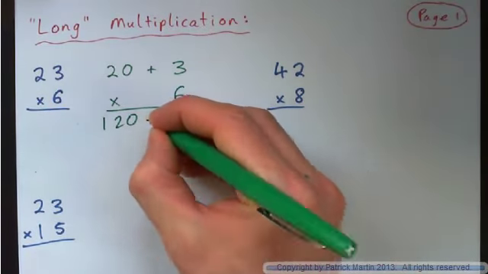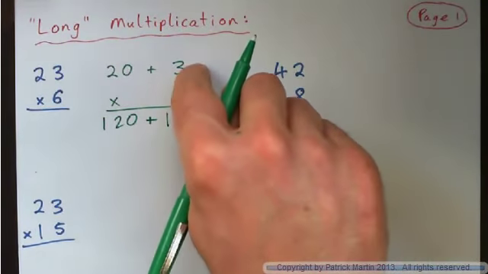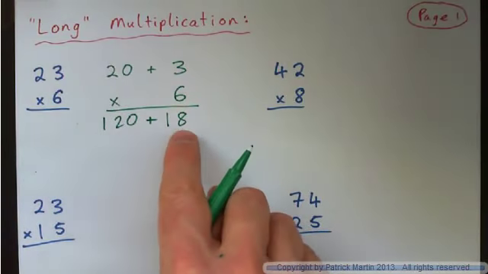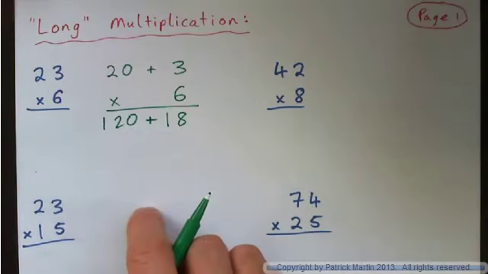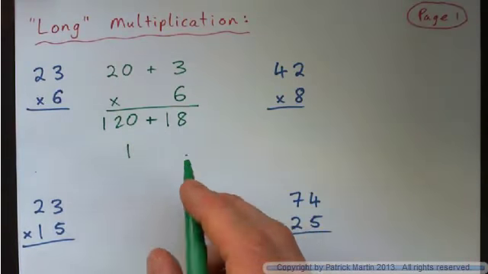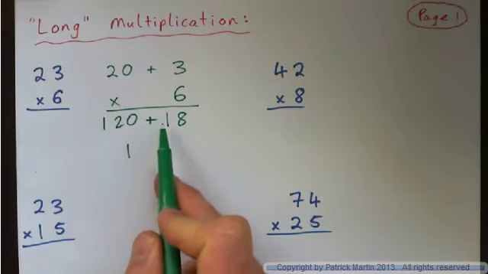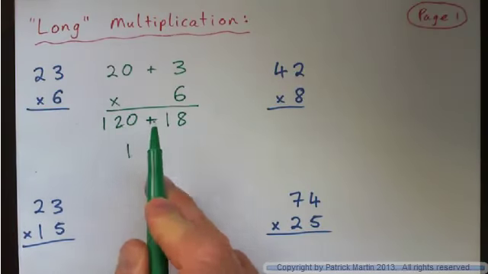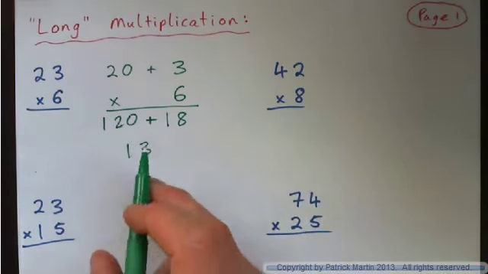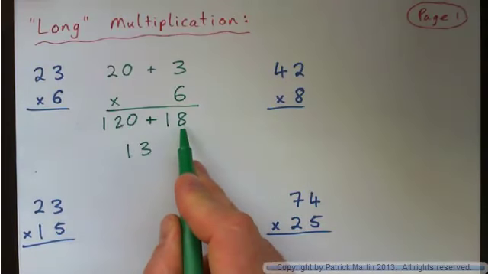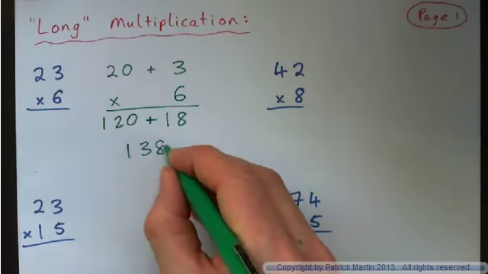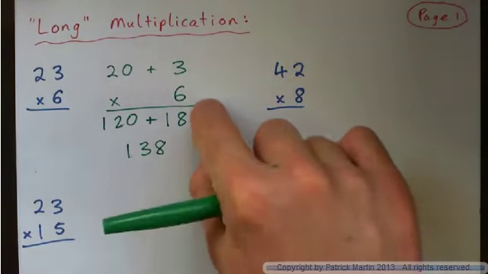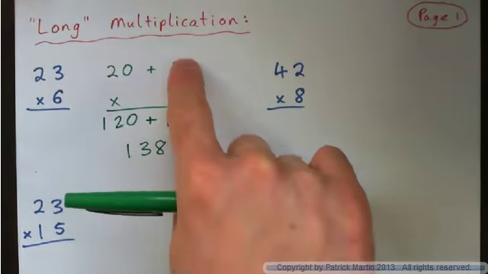So when I go 6 times 3 is 18, 6 times 20 is 120, and then if I add, what's 120 plus 18? Write down the answer. It is 100, and you've got to add the tens. 2 and 1, so you've got 100, you've got 2 tens and 1 ten, that's 3 tens, then you have 0 units, and 8 units makes 8 units, right? So 138.